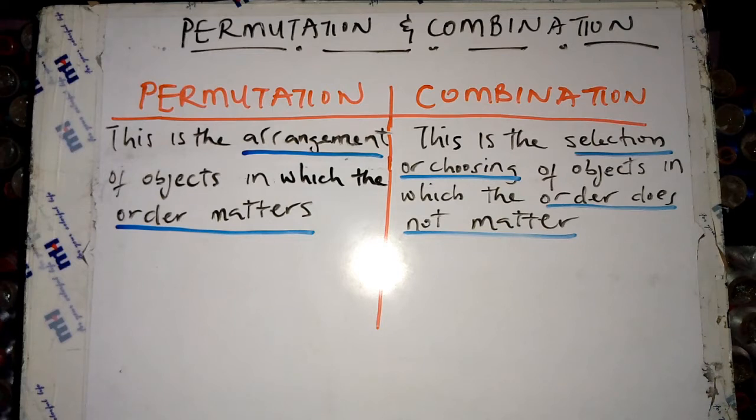In combination, we are going to be looking at combination with condition and combination without condition. We're also going to be looking at factorial. These are some of the things we are going to be looking at in the course of this video series, and we're also going to be doing different examples in order to explain permutation and combination properly.